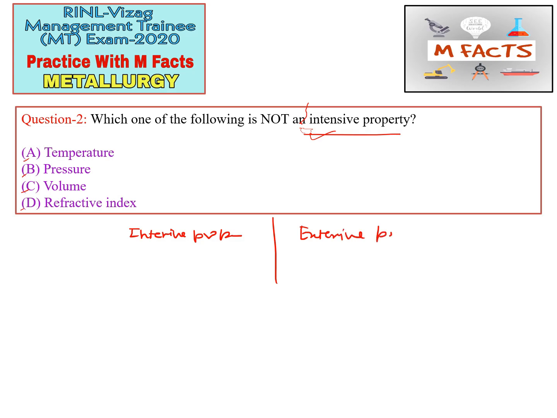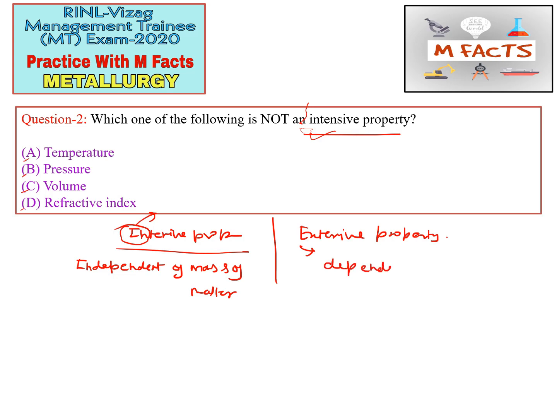Okay, so I will give some examples. For intensive property, I found that the first two letters are "in", so intensive means independent. So I can identify that intensive is independent of the mass or matter. Matter is also considered in thermodynamics. And extensive property is dependent, so we have to keep in mind only one thing: dependent on mass.